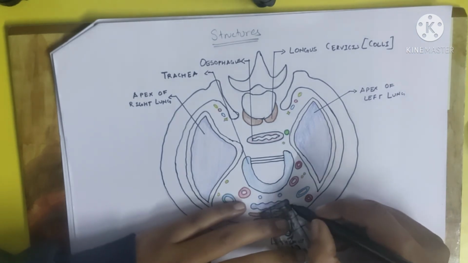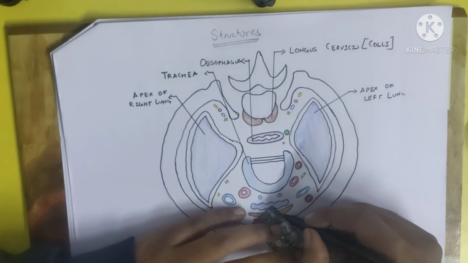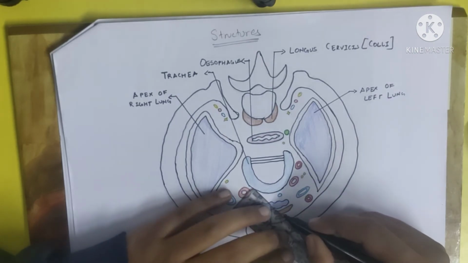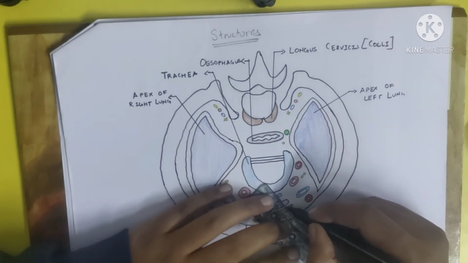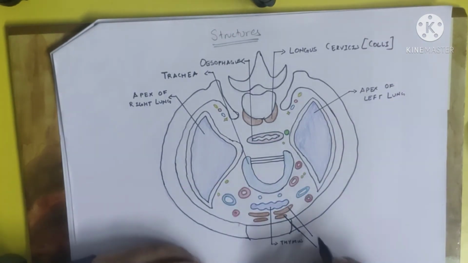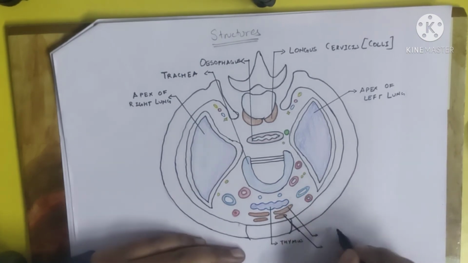First I'm going to try with this one. This I'm going to take a bit lower so that I have space for this muscle. I'm drawing both the lines together so that I can take the space for it. This one is your sternothyroid. This one here is your sternohyoid.